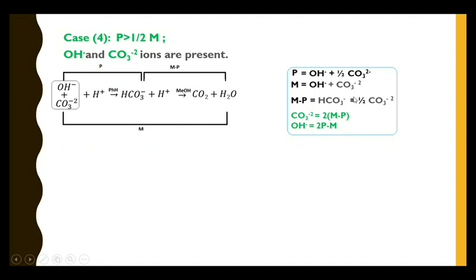Therefore M minus P is equal to HCO3 minus, which is equal to half of CO3 minus 2, so CO3 minus 2 is equal to 2 into (M minus P). If you substitute this in M is equal to OH minus plus CO3 minus 2, in place of CO3 minus 2 you substitute 2 into (M minus P), and you will get OH minus is equal to 2P minus M.